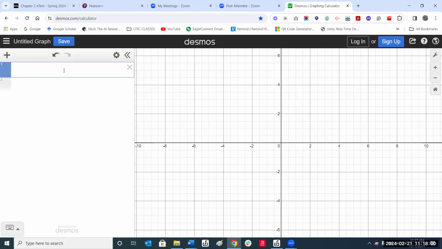So what do you think our equation is going to look like when we graph it? Plus 5x plus 6.